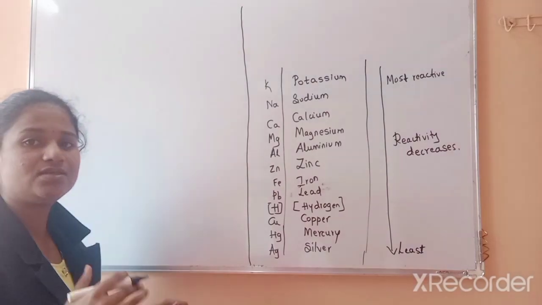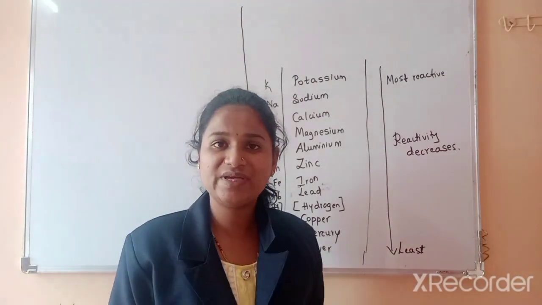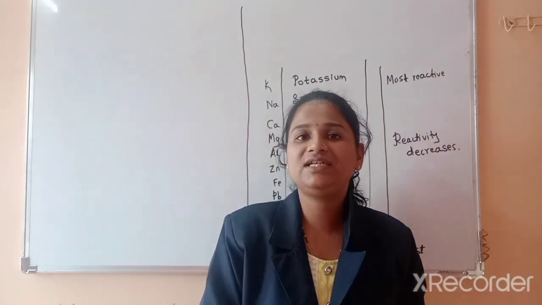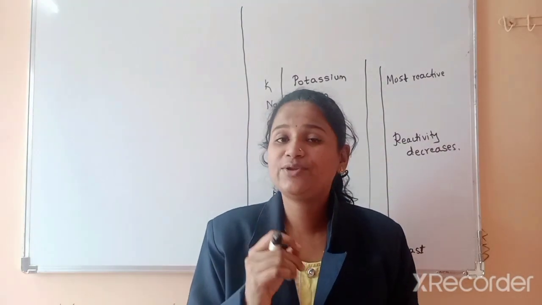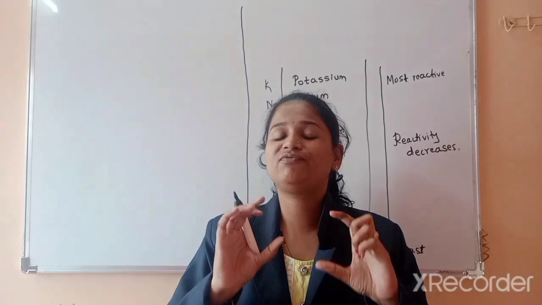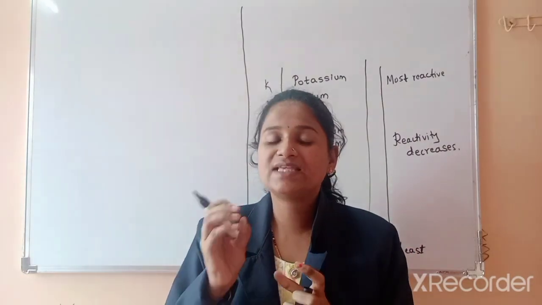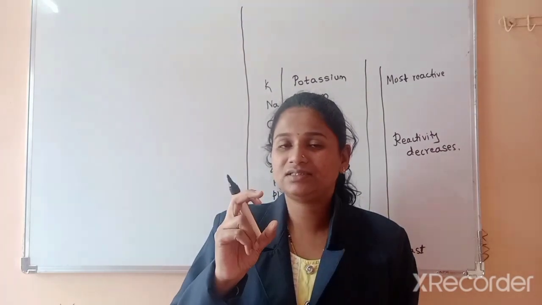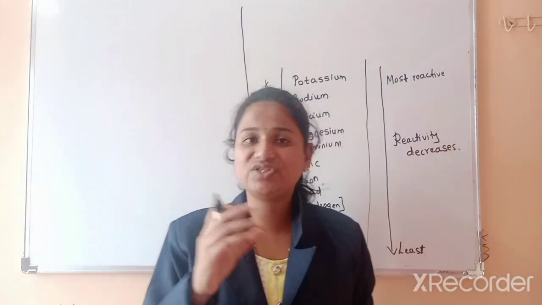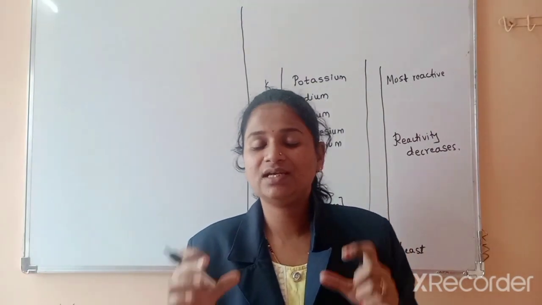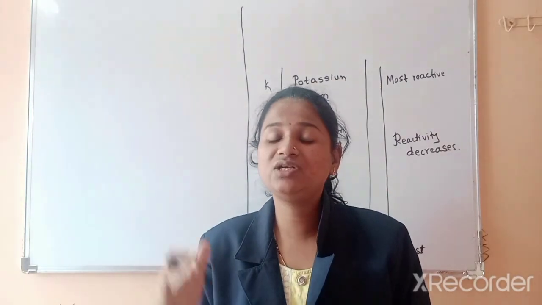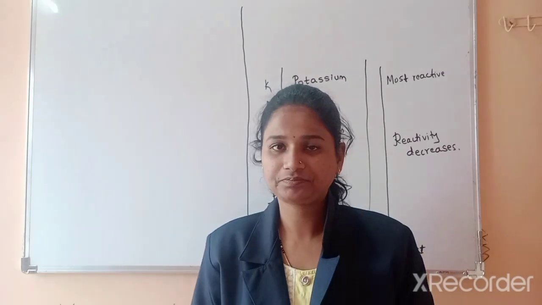In the first concept, we saw one experiment where I used copper sulphate solution, in which we had dipped iron. You observed that the copper from the solution has been deposited on the iron nail, and the solution turned to green color.